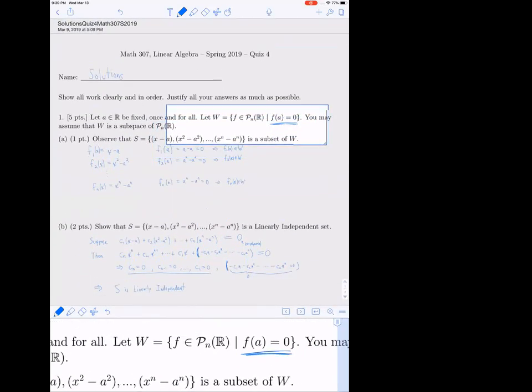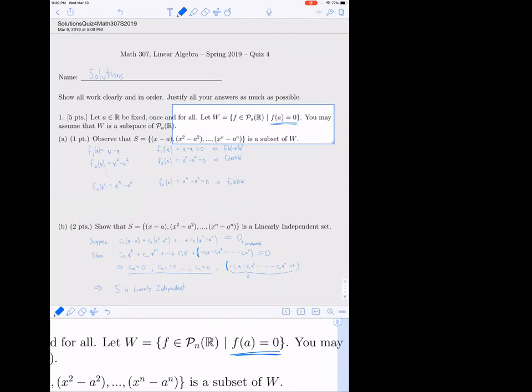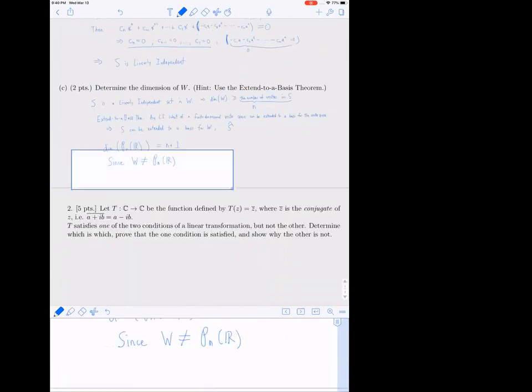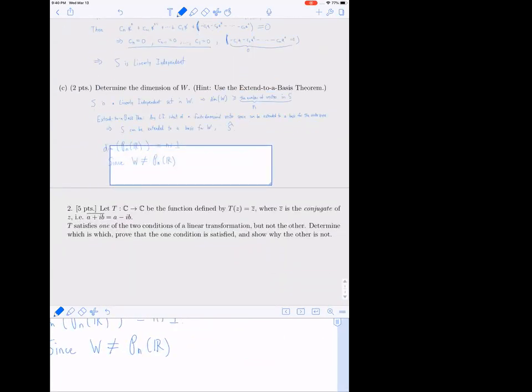W is a set of polynomials satisfying this additional condition that if you plug in A, you get 0. But of course, there are polynomials that don't have that property. For instance, x minus 1 if A is not 1, or x minus 2a, whatever a is, that'll be a polynomial that's not in W. So it's definitely the case that W is not the whole ambient vector space.